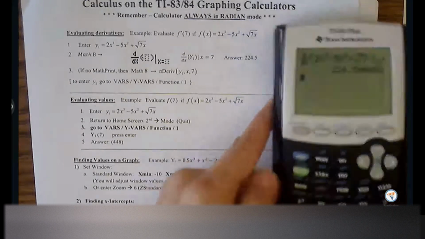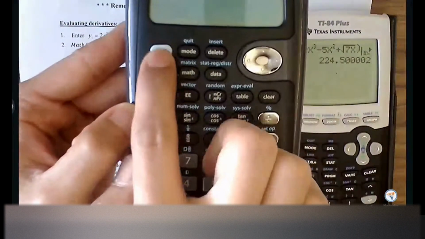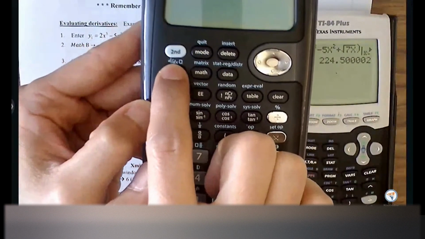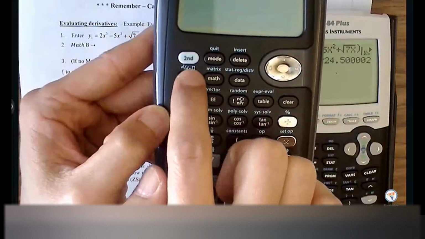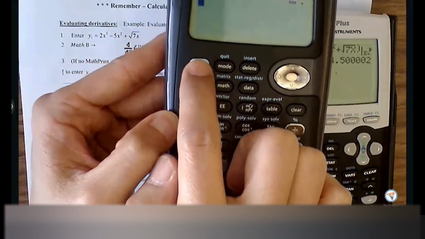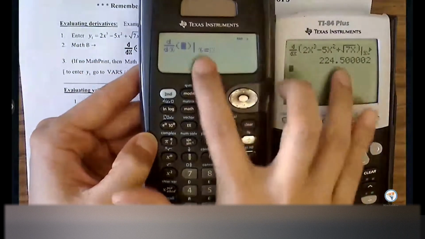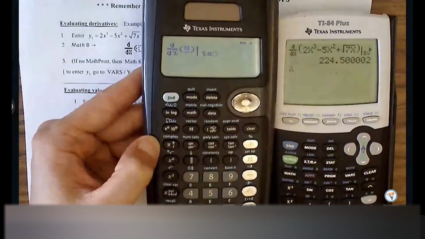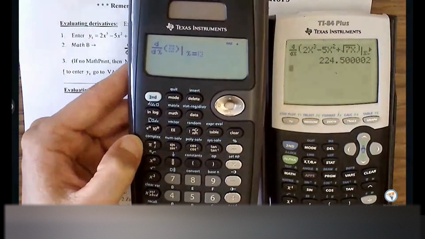Okay, now moving on to the 36 Pro, we can also do the same thing. If you look, do you see that there's a d over dx there? It's in blue, right below second. We're going to do second natural log, and that's going to bring us to that d over dx. Notice it's going to look exactly like what we did on the graphing calculator, and we just enter everything as you see.